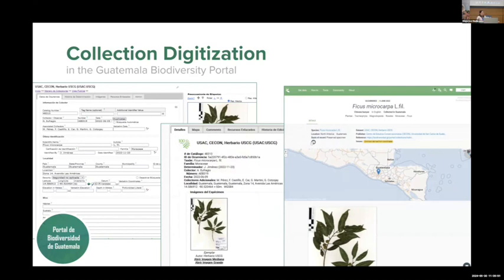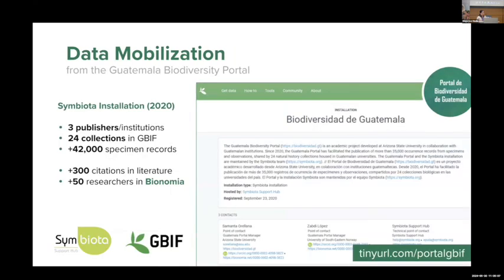So this has been really helpful to encourage curators and researchers to share their data. And this is very easy to do because this portal is also an installation in GBIF, and that allows us to connect the virtual profiles directly to GBIF. So we have 3 publishers associated with the portal, 24 collections already in GBIF out of 34.